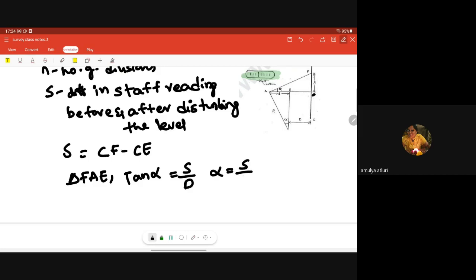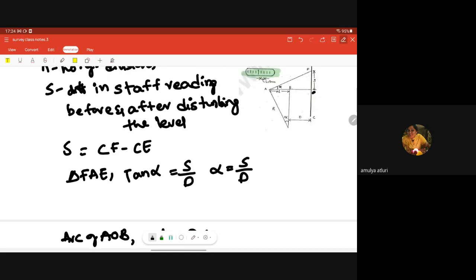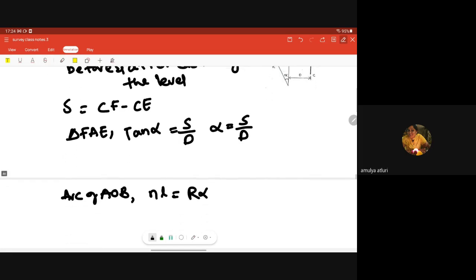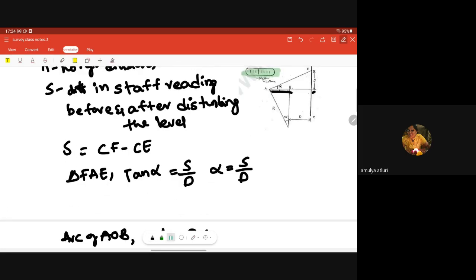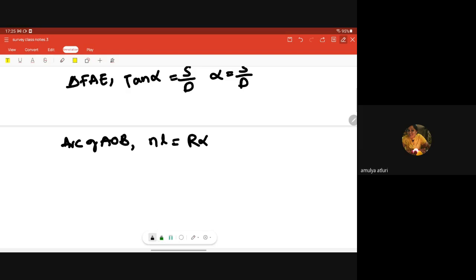We can consider tan alpha as alpha, so alpha is equal to S by D. In arc AOB, NL is equal to R into alpha, the length of the arc formula. So what is alpha here? NL divided by R.